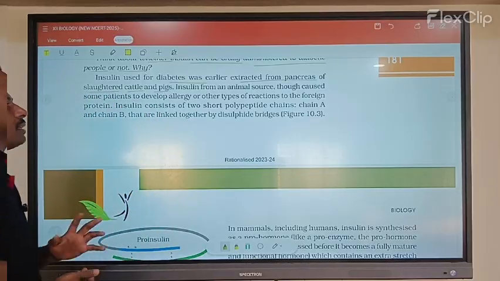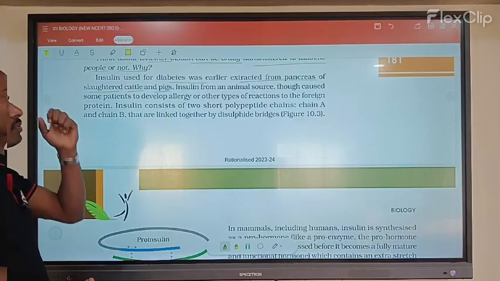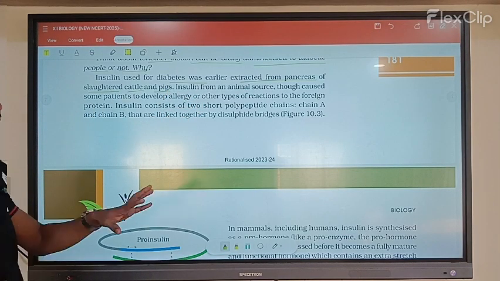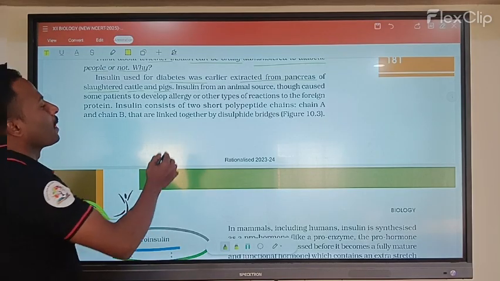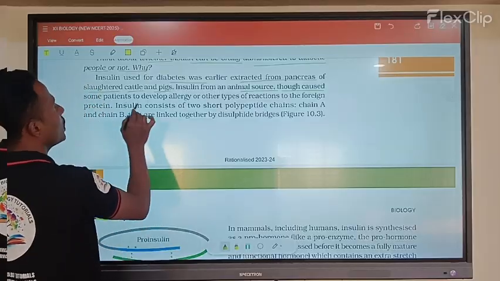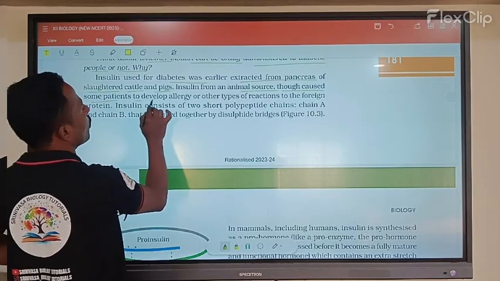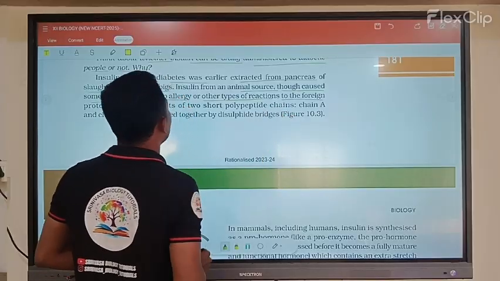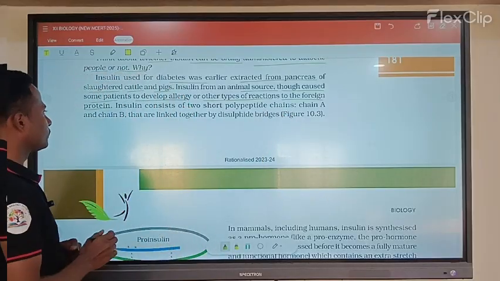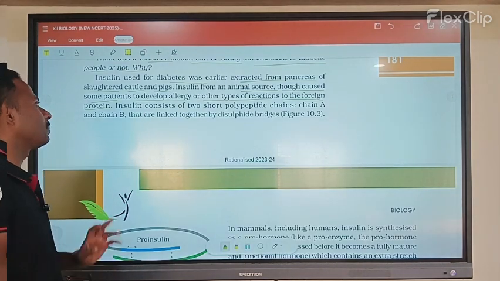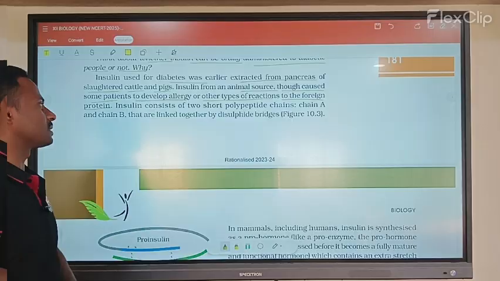So when they killed the pigs and cattle, we extracted the insulin present in the pancreas. Insulin from animal sources caused patients to develop allergies and other types of reactions to the foreign protein. Sometimes we directly inject this insulin into a human, which causes a number of diseases.